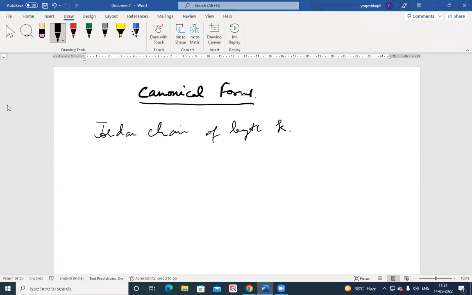This is a sequence of non-zero vectors x1, x2, ..., xk, k greater than or equal to 1. This is for T in L(V).